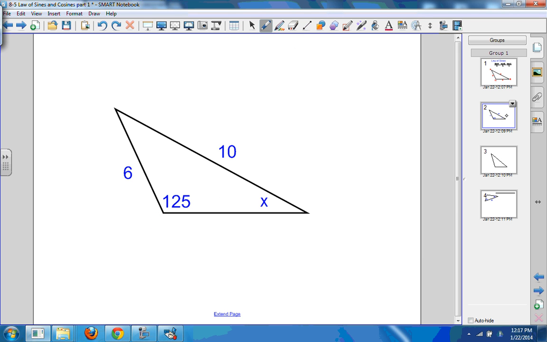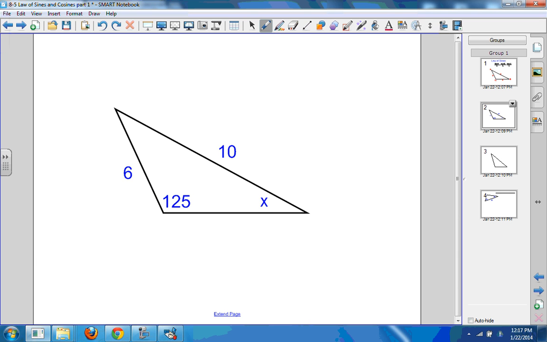Here's a problem that you might see that you have to solve. We have an angle, we have two sides, and we have this unknown angle x here. We can see that this is not a right triangle, so we can use the law of sines here to help solve this.